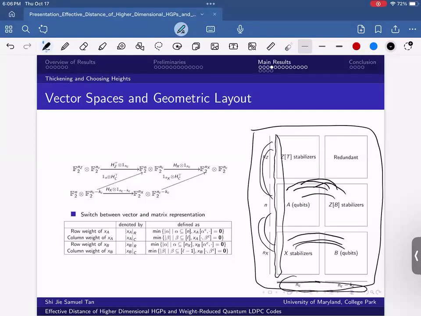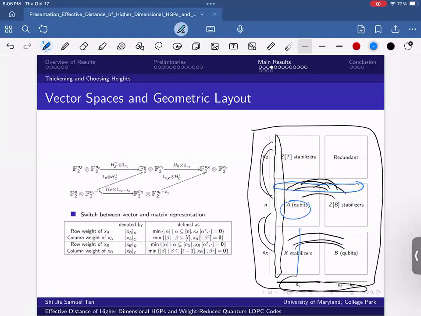This might be a confusing part, so feel free to stop me and ask if you have questions. I can reiterate briefly. Copies of the original quantum codes are in the columns here. And then you can think of copies of the classical code in this direction, because these are the bits and these are the checks.